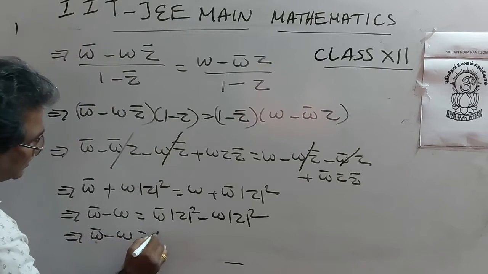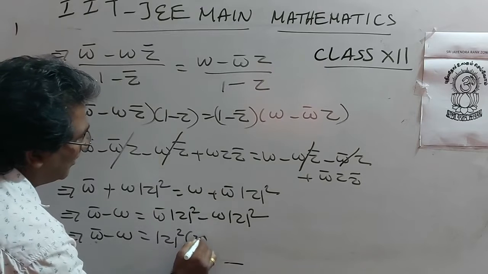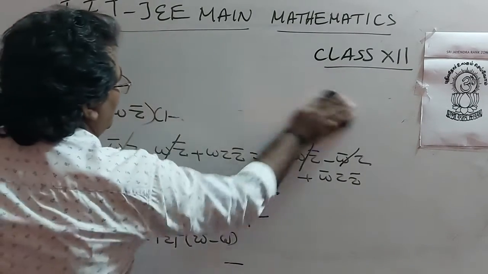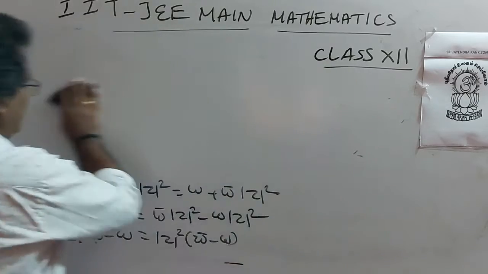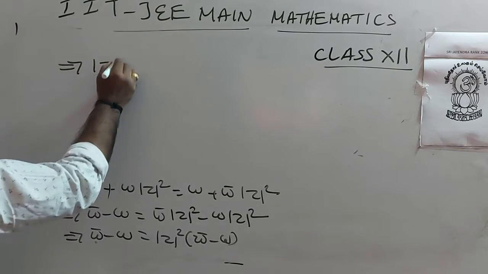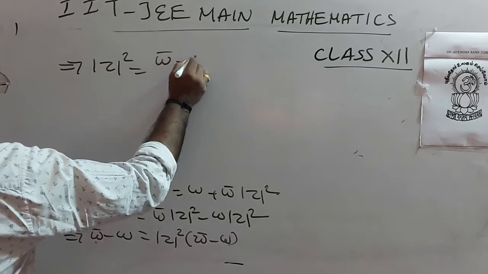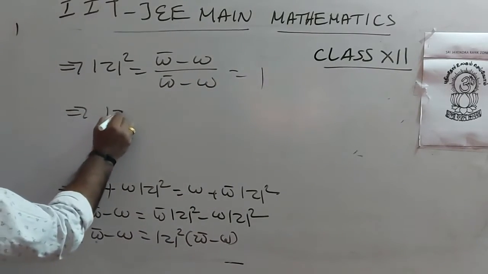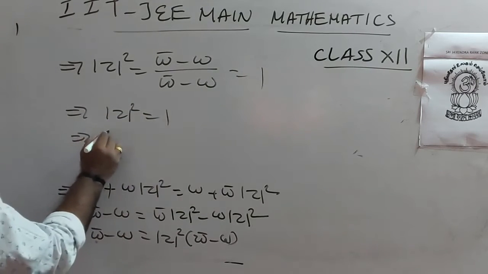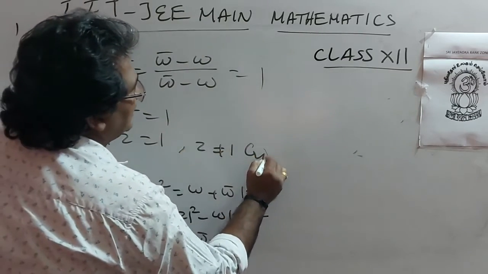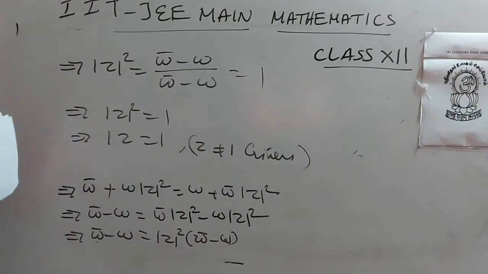Omega bar minus omega equal to modulus z squared into omega bar minus omega. Modulus z square equal to (omega bar minus omega) by (omega bar minus omega) equal to 1. So modulus z square equal to 1, which implies modulus z equal to 1, but z not equal to 1. That is the given statement.